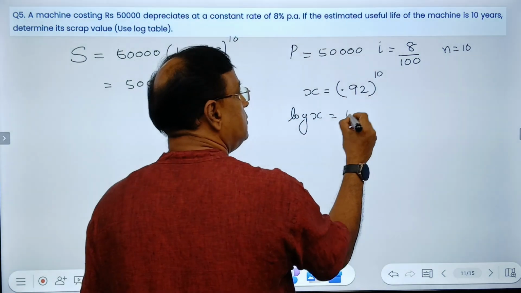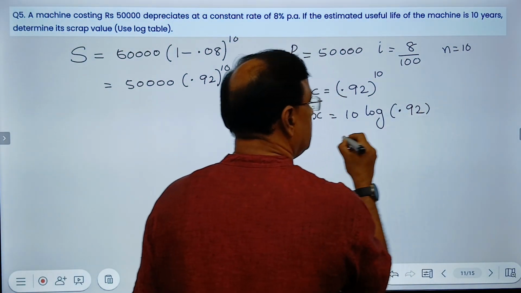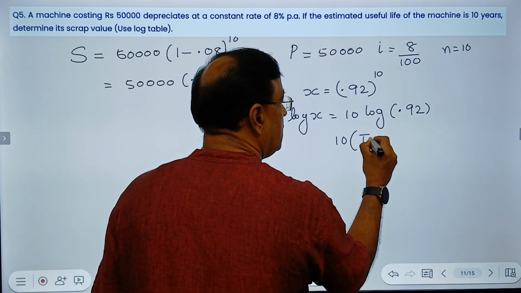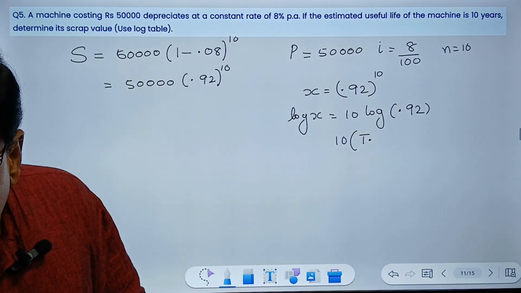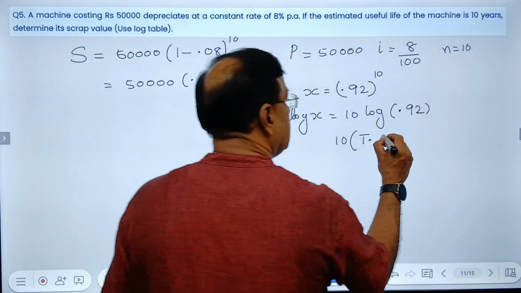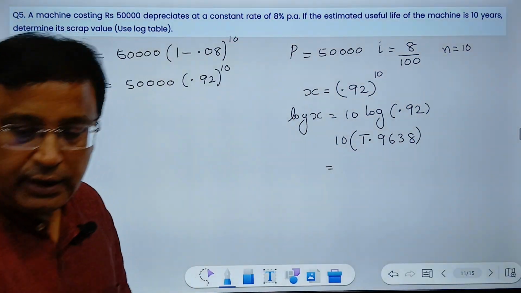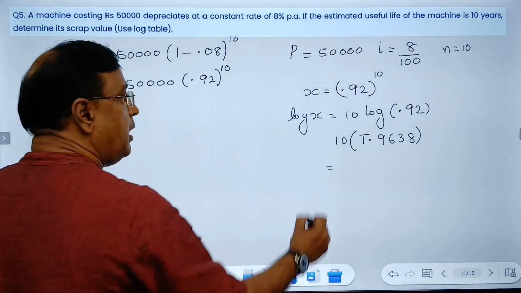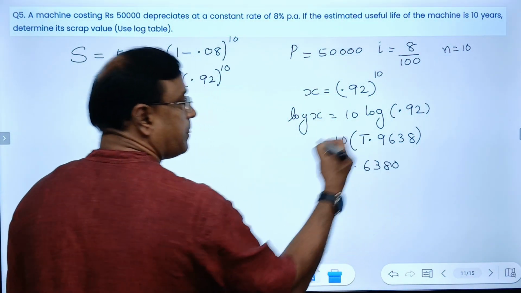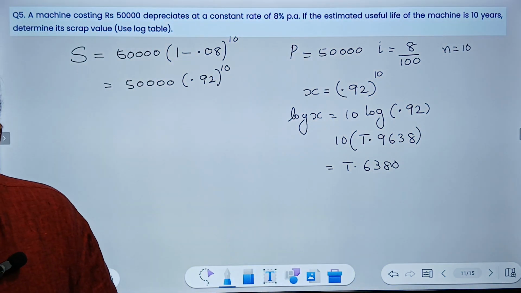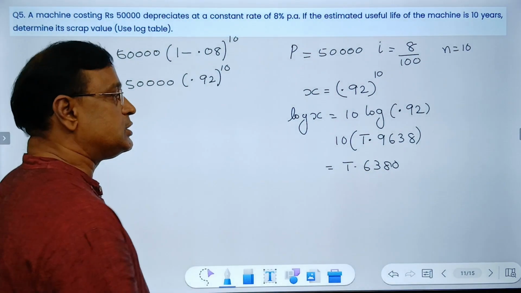Log x is equal to 10 log 0.92, which is 10 into bar 1 point 9638. When you multiply it by 10, you will get bar 1.6380. Multiply and see. That's very, very simple multiplication.